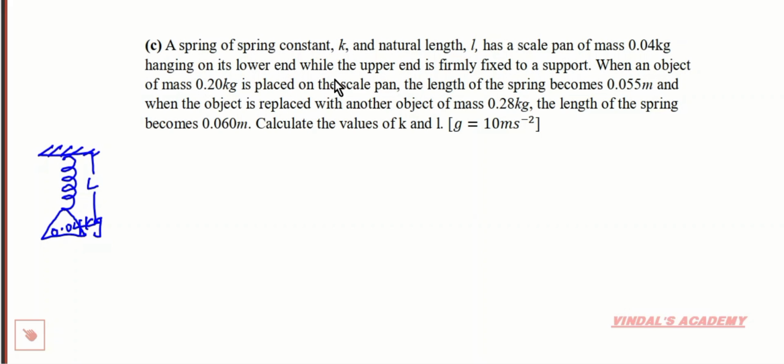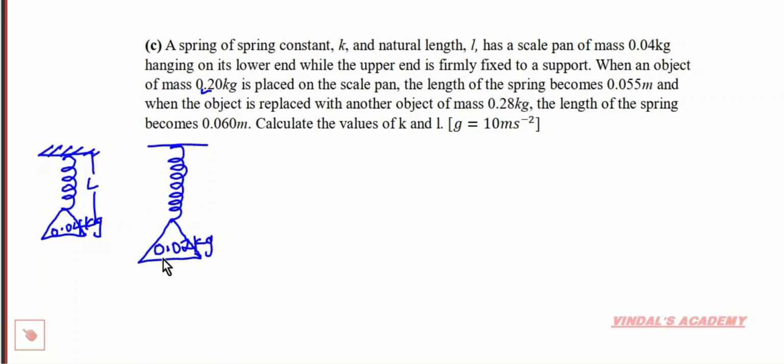Now the next thing happens. When an object of mass 0.2 is placed on the scale pan, remember the mass of the scale pan is already 0.04, the length becomes 0.055 meter. So look at what happened in this part now. This particular spring with a scale pan has been loaded with 0.2 kg.